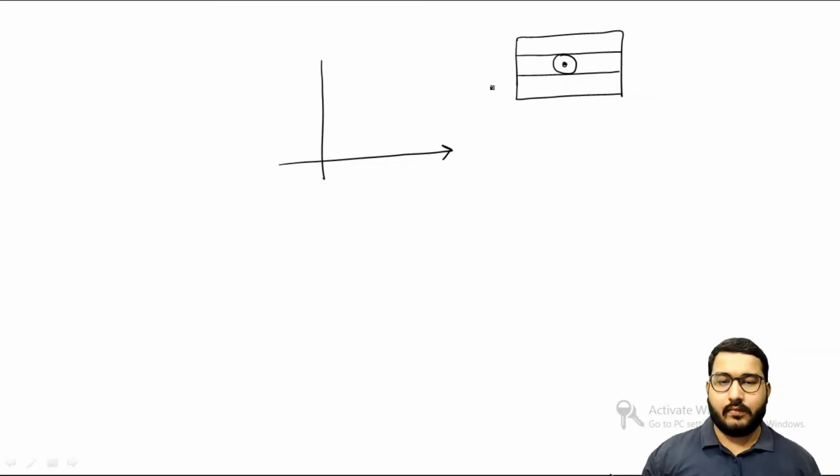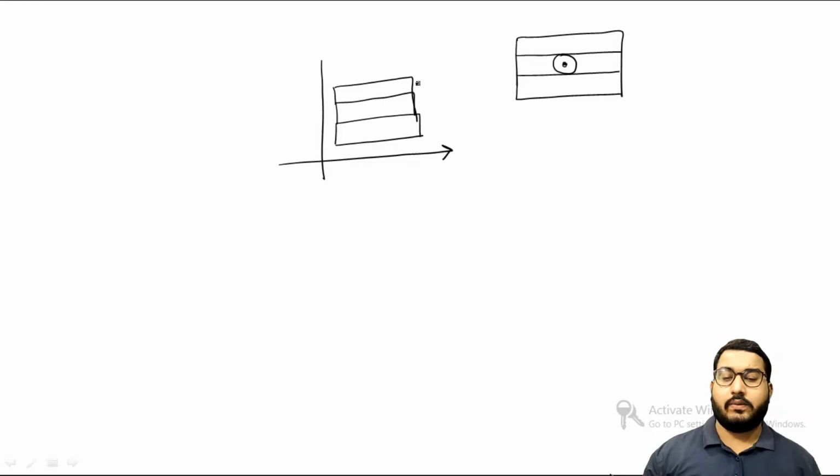Now if I need to plot this flag, I will be required to plot one rectangle over here, then on top of this one rectangle over here, and on top of this one more rectangle. So basically I need three rectangles, one saffron, the white color, and the last one your green color. So let me write the steps.